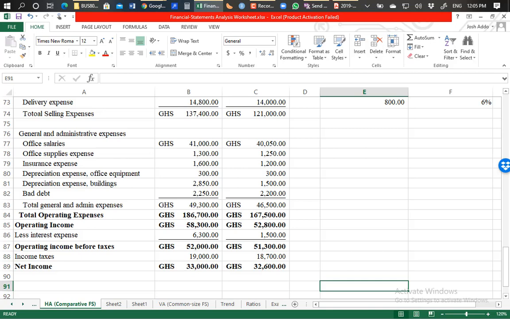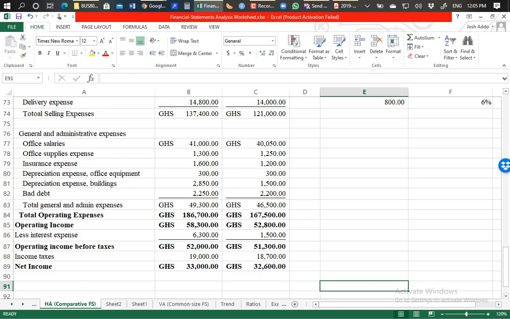Let me see if it is there. Yeah, it is there. You'll see GGBL. GGBL is Guinness Ghana Breweries Limited.